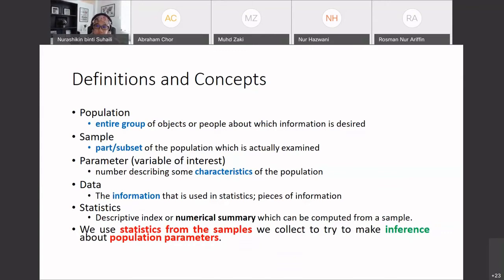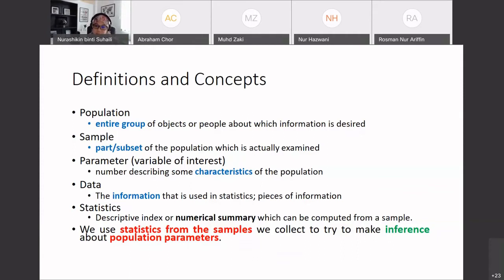Okay, so if I want to give an example just now, Sarawak, you can define the population and samples by yourself, but you have to make it clear. Like let's say if I define Sarawak as the population, okay, the samples can be the districts in Sarawak, like Kuching, Kota Samarahan, Sibu, Miri, Bintulu.